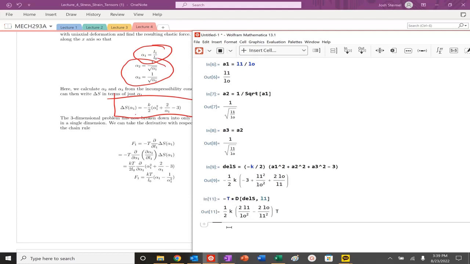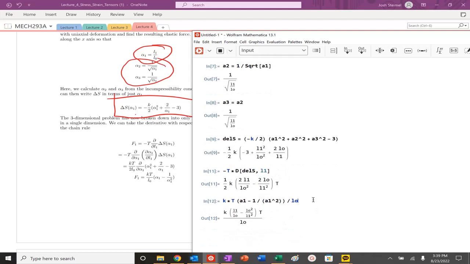So you can see, if I just do k times T times A1 minus 1 divided by A1 squared, and divide this whole thing by L naught, and let's go full simplify, you're going to get basically the same answer there.